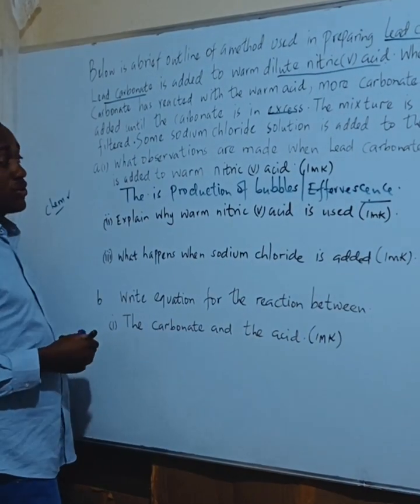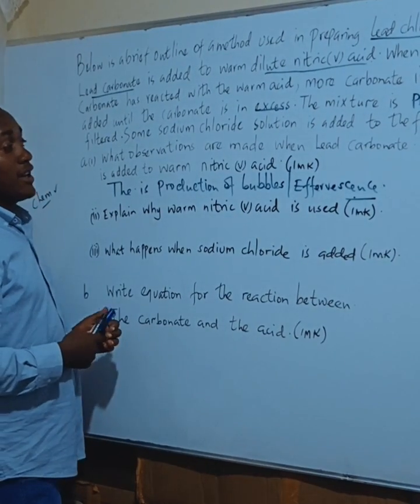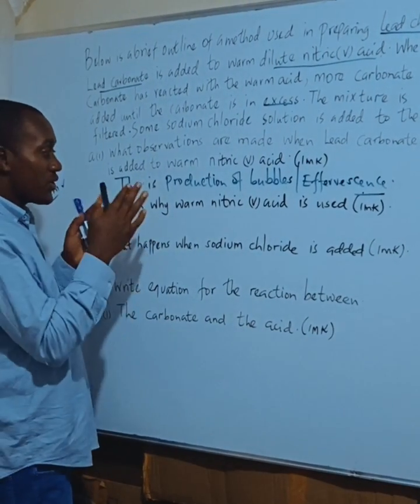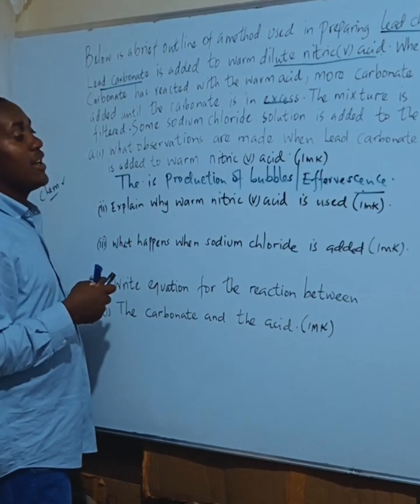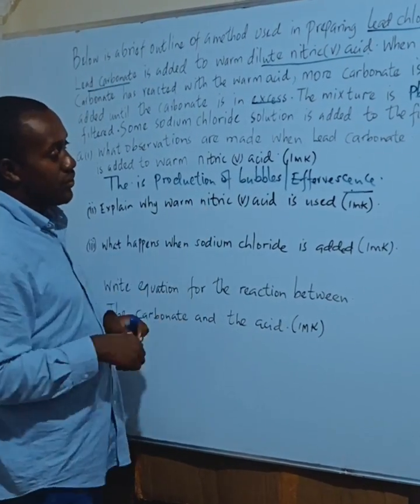That's what we see, because when you react a carbonate with an acid, the products formed are the salt, carbon dioxide, and water. The carbon dioxide produced makes us see the bubbles or effervescence.